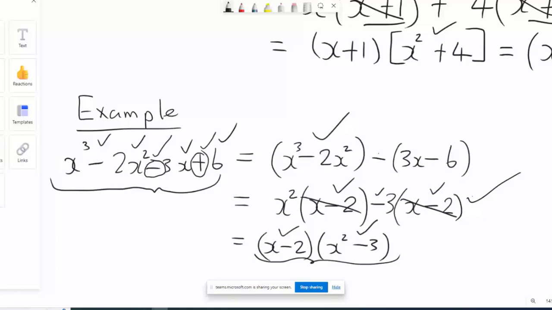Okay. And you can see when you do the multiplications, it's consistent. The far right is consistent with the far right on the left. Can you see that? So it's minus 3x. We've got minus 3x. Negative times -6 is positive 6. So it's consistent. So you have to be wary of that. You must be sure of that. Otherwise, if that's not the case, you will violate equality.